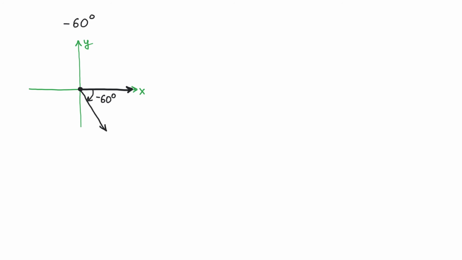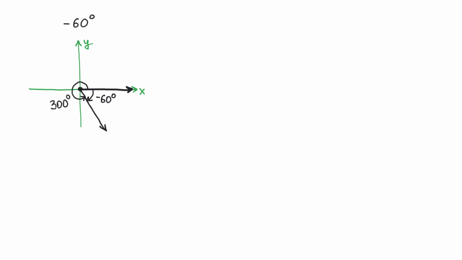But if from this initial side we would move counterclockwise, then we would have a positive angle that would measure 300 degrees. So here we have two angles that have the same initial side and the same terminal side, and this angle is a positive angle between 0 and 360 degrees.